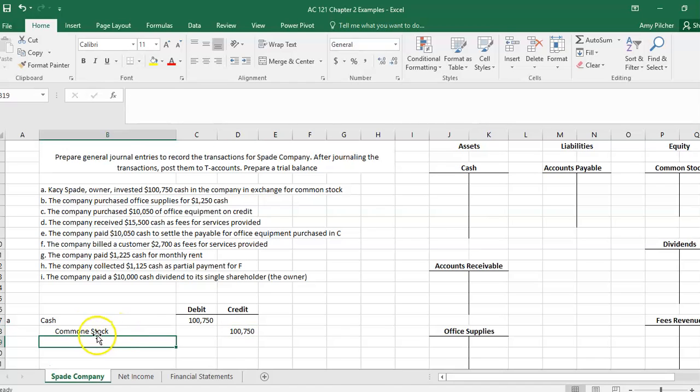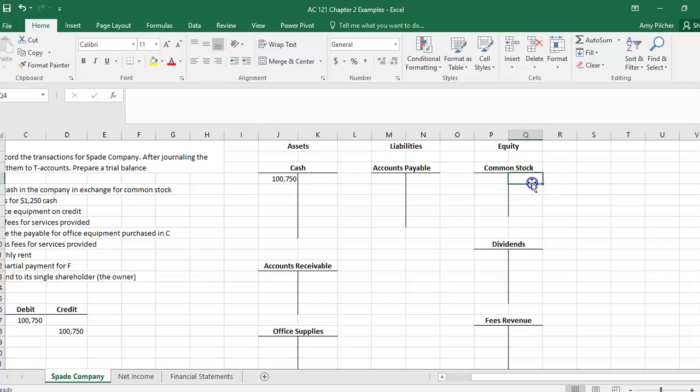Our debits equal our credits. And we post that to our T account. We debit cash $100,750 and we credit common stock $100,750.